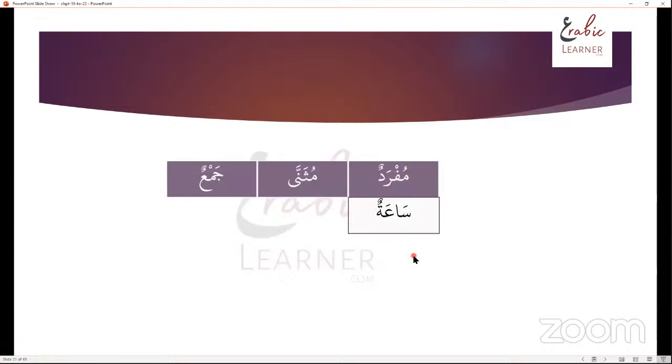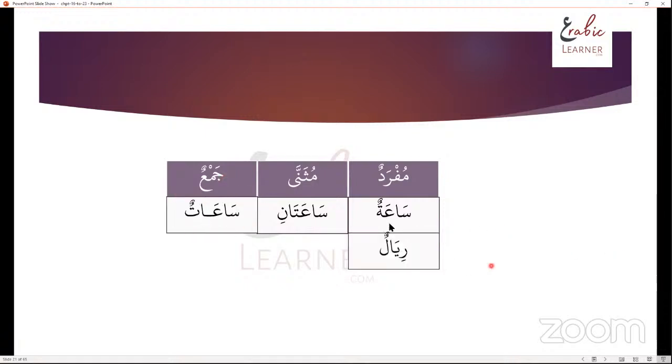Now, there are a few words like sa'atun, means a watch. Sa'atani, the musanna of that is sa'ataini. And the jama of that is sa'atun. Riyalun. Now, this riyalun is an exception here.